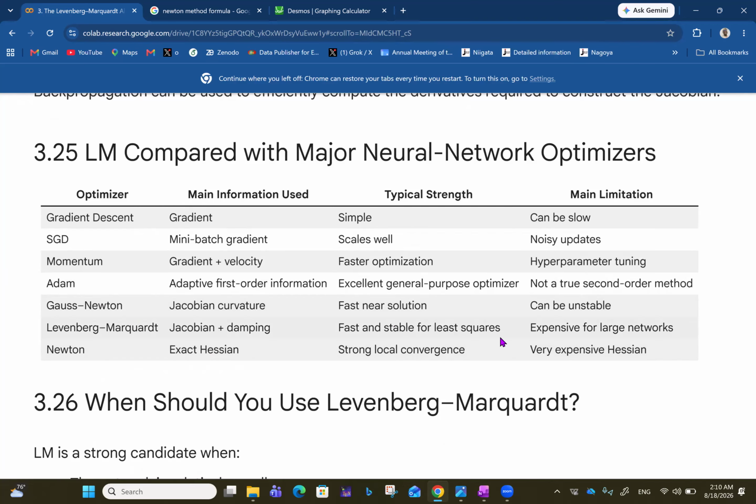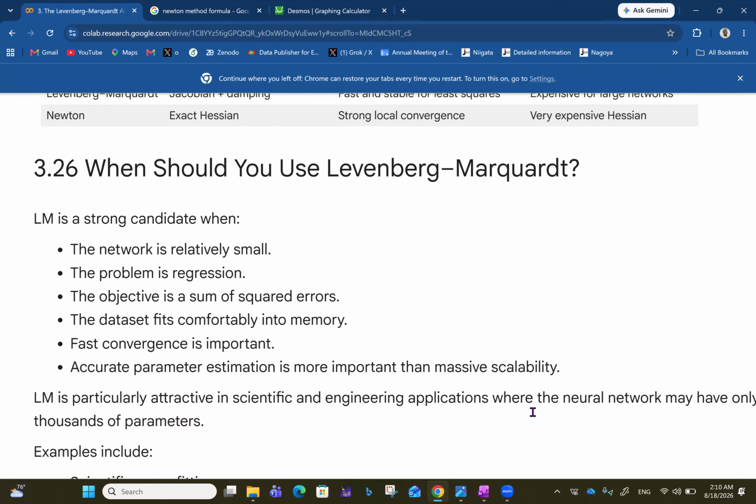So fast and stable for least squares and expensive for large networks. Newton requires the exact Hessian, and the strength is strong local convergence. This was what I was referring to, that idea of x n plus 1 equals x n minus f of x over f prime of x, and it's very expensive because the Hessian is required. That's the limitation because you need that derivative.